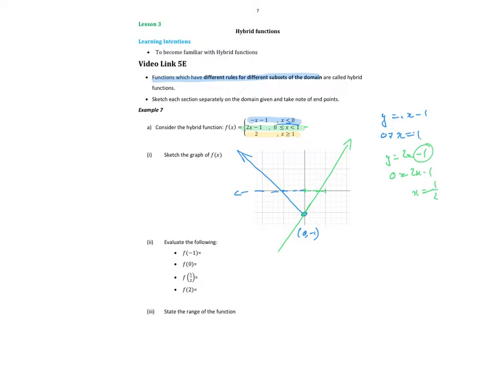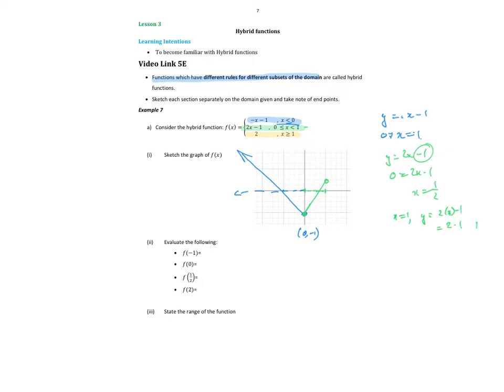So let's again rub out the sections that we don't want. Now on the graph, x is greater than or equal to 0, so a solid dot, and a hollow dot here at 1. What we do need to check is the coordinate of that point. If I put x equal to 1, y is equal to 2x minus 1, which is equal to 1.